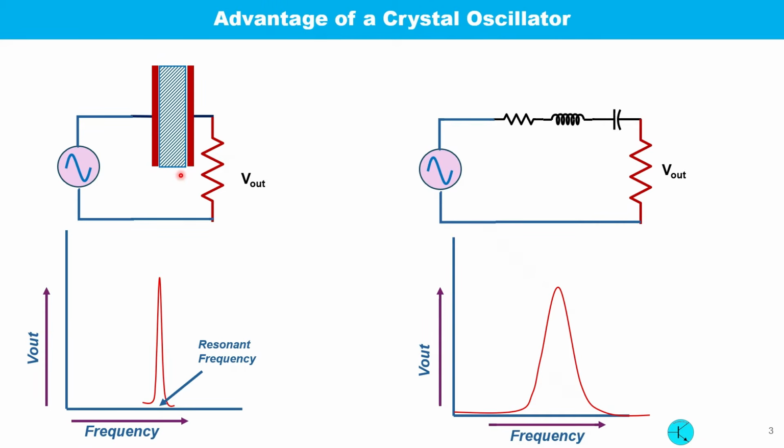At resonance, the voltage becomes very high, almost equal to that of the signal generator, and on either side of the frequency, lower or higher, the voltage becomes very low. For an ordinary LCR circuit, we will get similar response, but this range is much wider than that of the crystal.